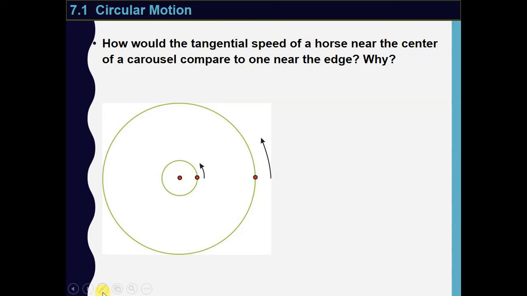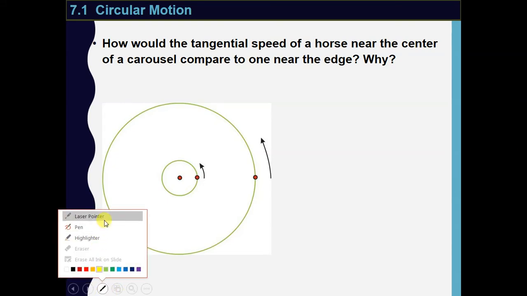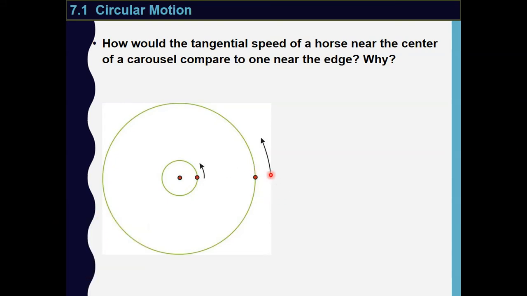Okay, so this one for sure has more speed, because it's covering more distance. See, because the distance from it to the center is more than the distance from this horse to the center. So whenever the distance increases, it means the speed will increase.